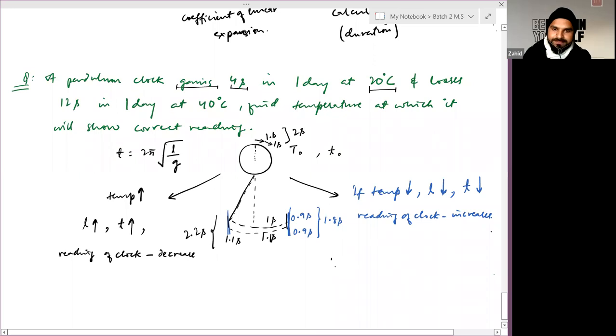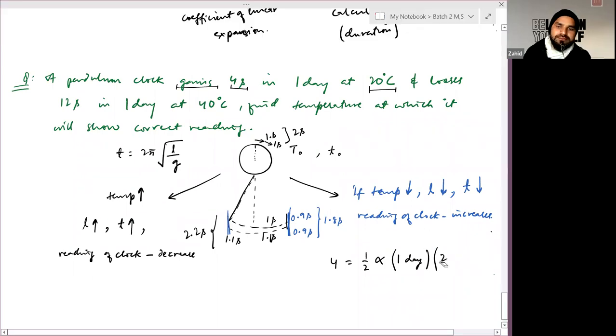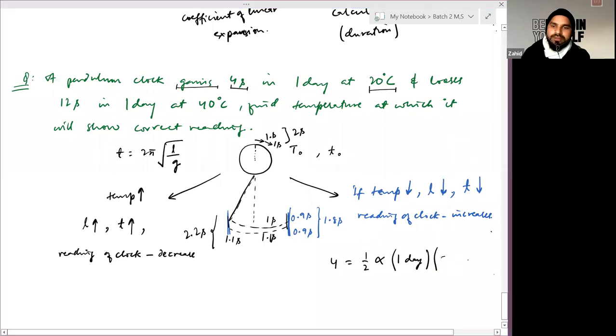So we can write delta T equals half alpha T naught, where T naught is the duration, which is 1 day, and temperature difference will be T naught minus 20 degrees Celsius.